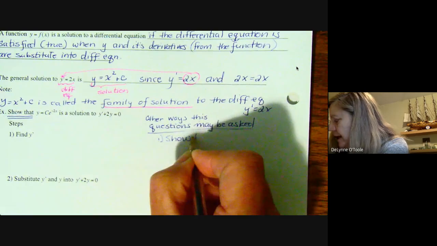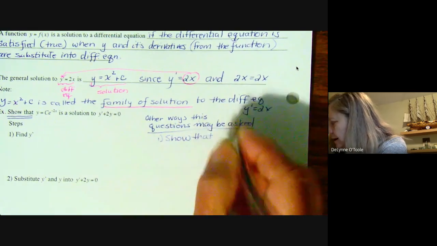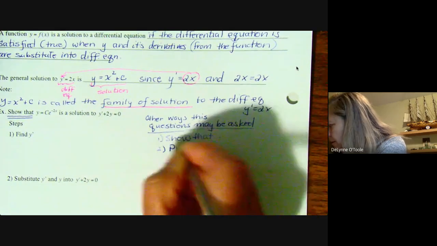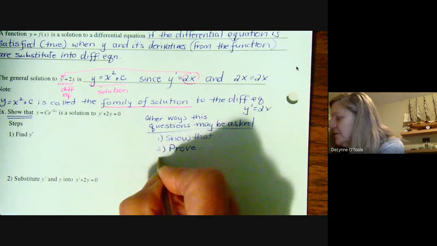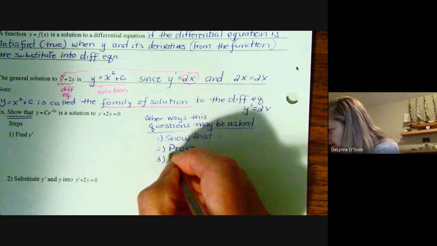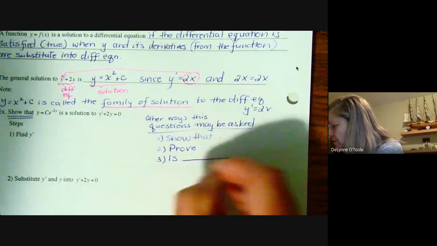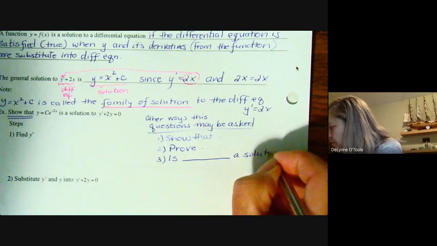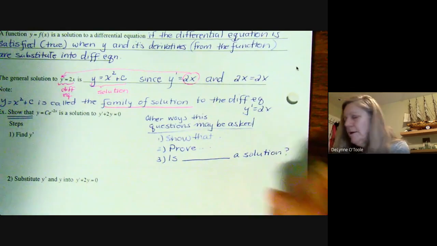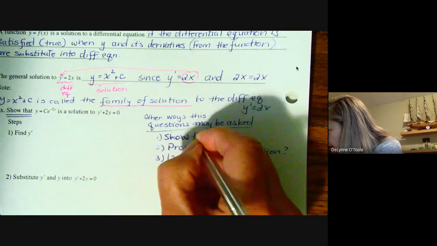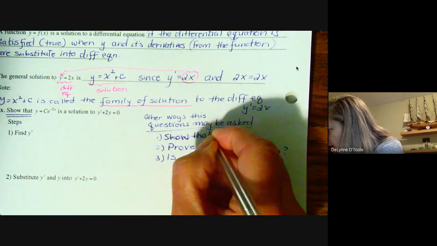Another way of saying show that is prove. Okay, and then a third way might just be is. Okay, is this function, whatever function they give you, a solution? Okay, so 3 different ways that question might be asked. You tackle these 3 questions all the same way.